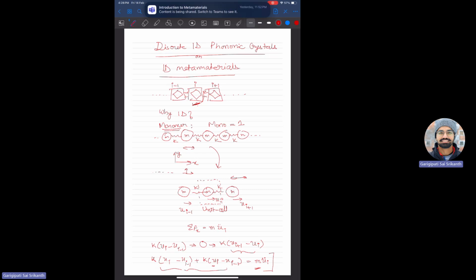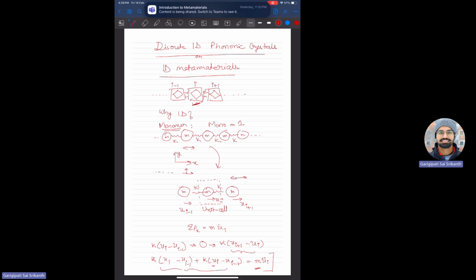But by analyzing it for 1 degree of freedom, we can get the behavior of waves propagating in the infinite chain.